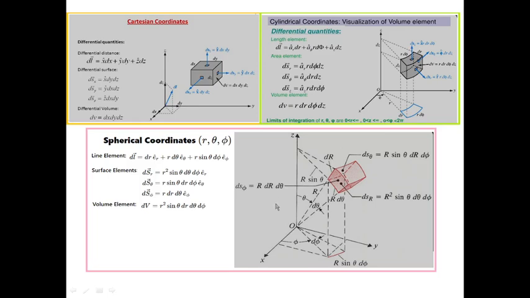Okay. Next, we want to understand the line element, surface element and volume element in the spherical coordinate system.